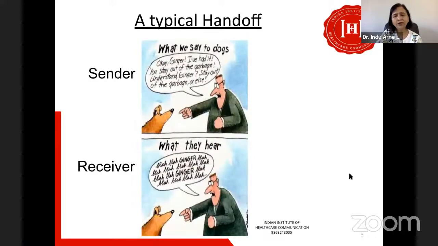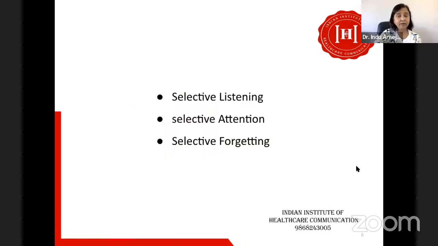A typical handoff is more like the sender saying something like what we say to our pet: okay, Ginger, I've had it. You stay out of the garbage. Understand, Ginger, stay out of the garbage or else. But the person who is receiving is just listening to some words that are familiar, easy to remember, and easy to apply. The receiver may not retain everything.